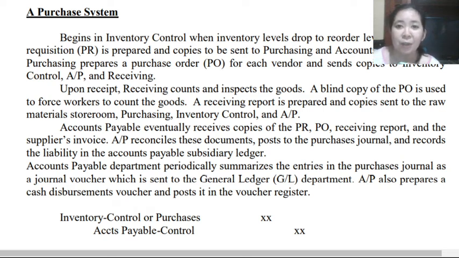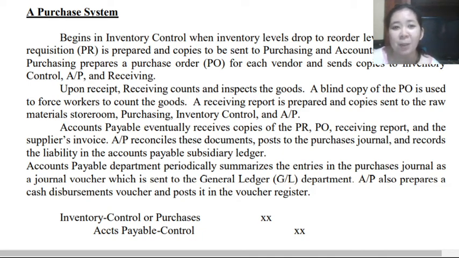This will serve as the source document in recording these transactions. The accounts payable department will reconcile these documents, post this to the purchases journal, and record it in the accounts payable subsidiary ledger.